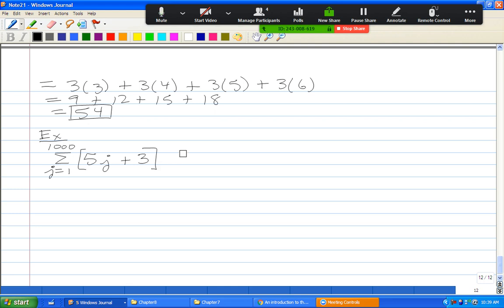So you obviously wouldn't just add up all these just like what I did in the previous example. That would take you literally forever. So what I can do is use some of the properties that I've given you to evaluate this.